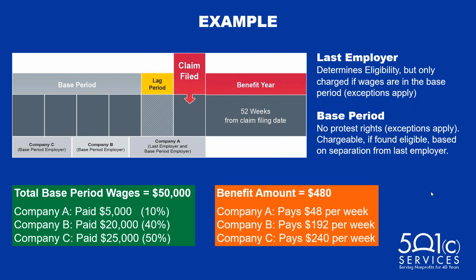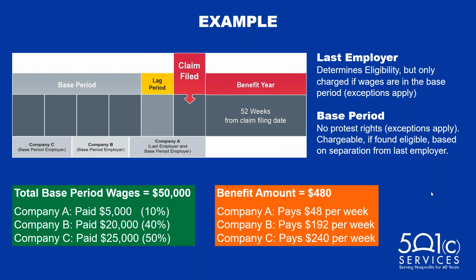So again, there's a few states that do other weird things, like Massachusetts. They are going to charge each employer in inverse order. So they'll figure out what the person's eligible for, so say the $480 per week, and they'll start charging just that most recent employer until their liability part runs out.